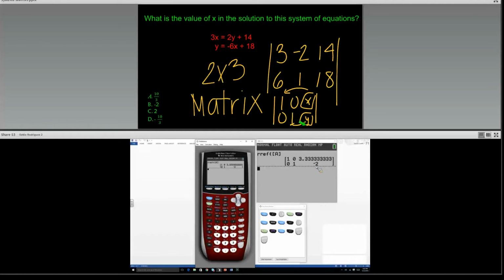Okay, so here you can see that from the answer choices, A is 10/3, B is -2, C is 2, and D is -10/3.